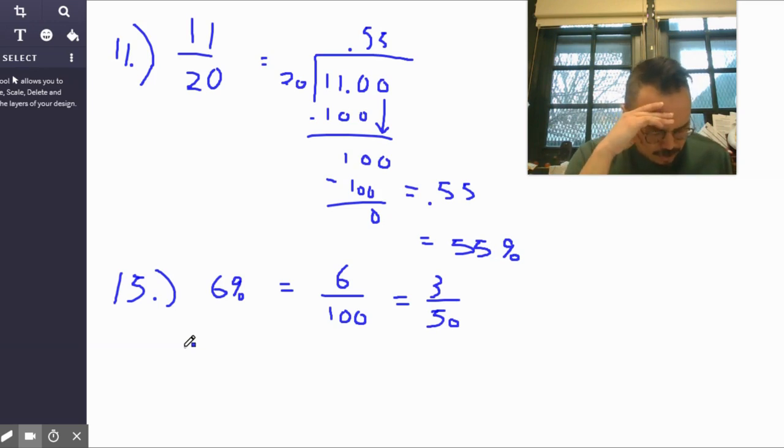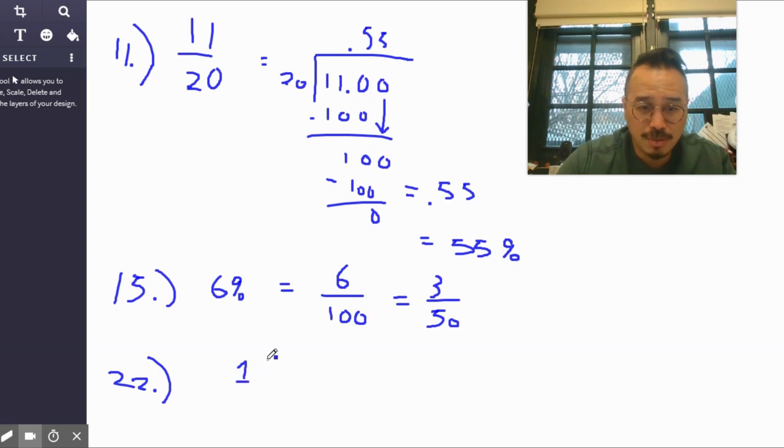Now let's see, I really like 22 actually. So 22. Turning 1% into a decimal is quite simple.